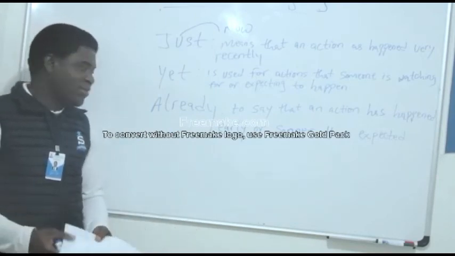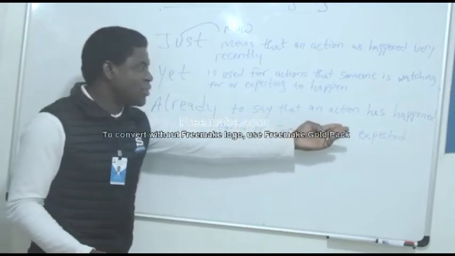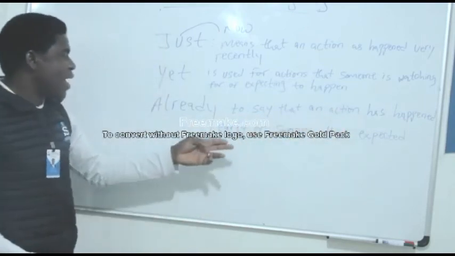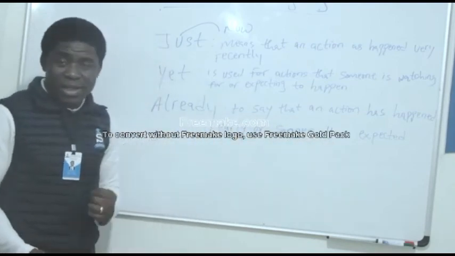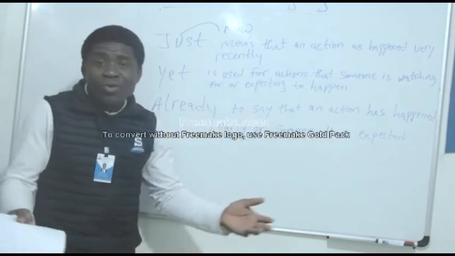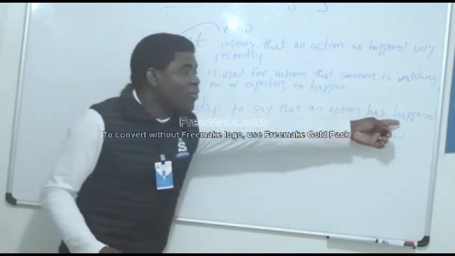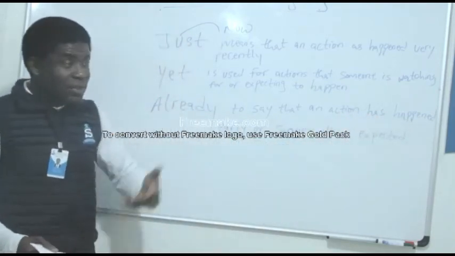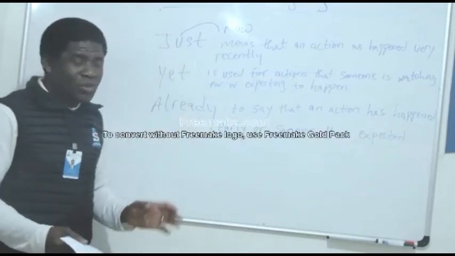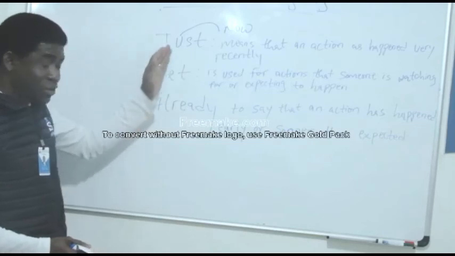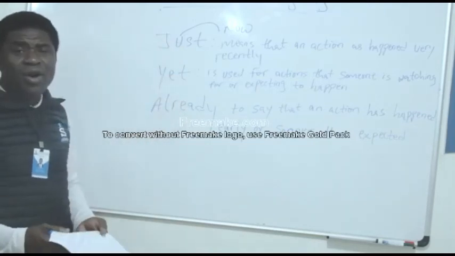So simple. It says that an action has happened earlier or sooner than expected. It has already happened in the past. So don't forget these three: just, yet, and already.